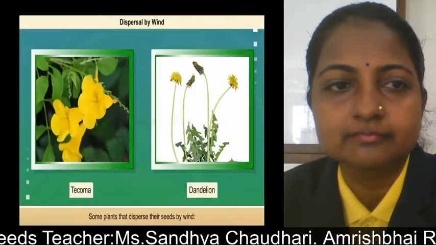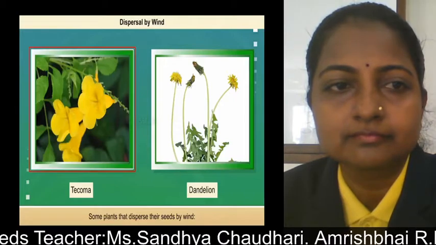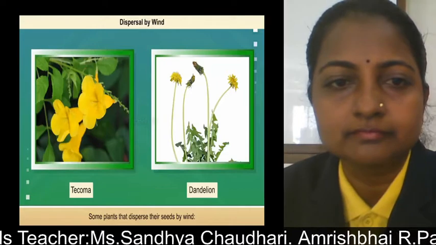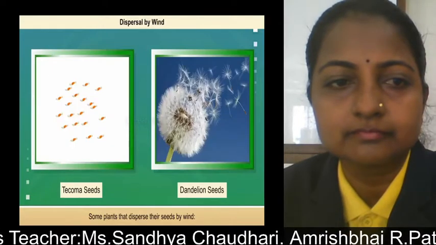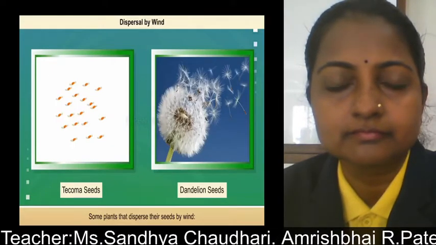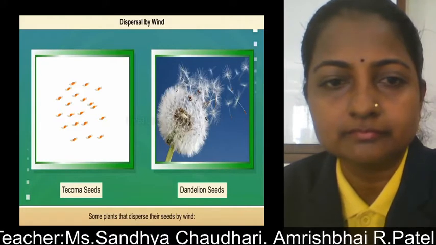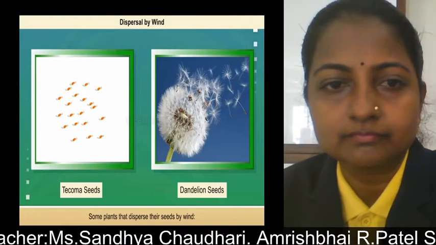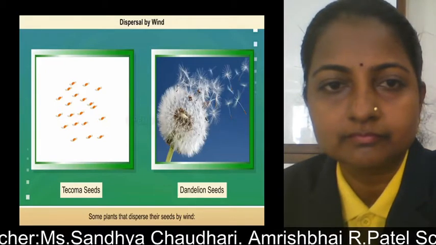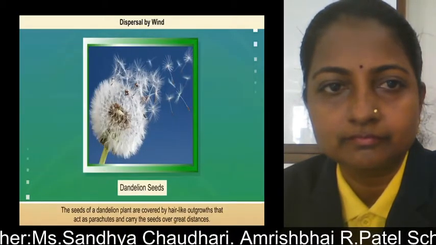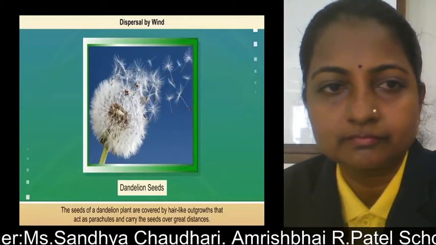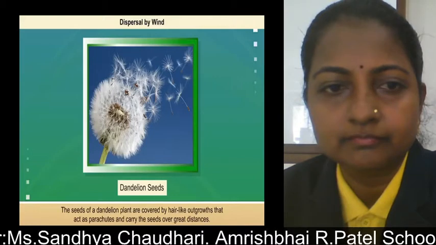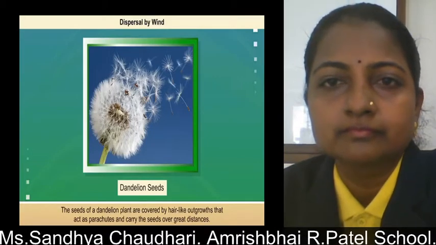Some plants, such as tecoma and dandelion, disperse their seeds by wind. These plants produce small, light seeds that are covered by outgrowths. These structures help the seeds stay longer in air and spread far away. The seeds of a dandelion plant are covered by hair-like outgrowths that act as parachutes and carry the seeds over great distances.